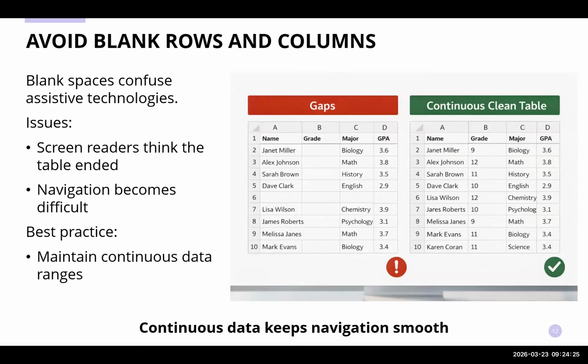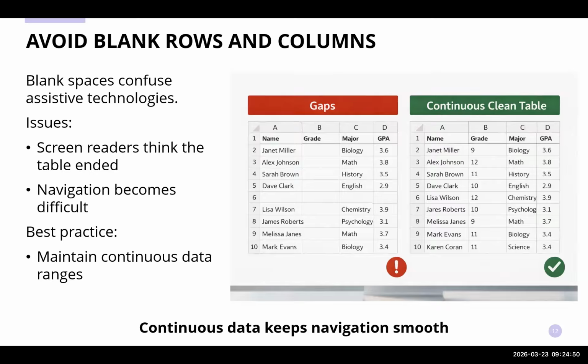So if there is more data below or to the sides, the user might never know that it exists. Navigation also becomes awkward, because when you're navigating with the keyboard, the focus can jump unexpectedly across those blank spaces, and it can confuse the user about how the data is organized.